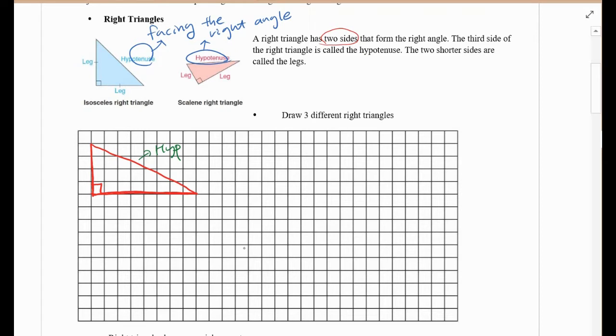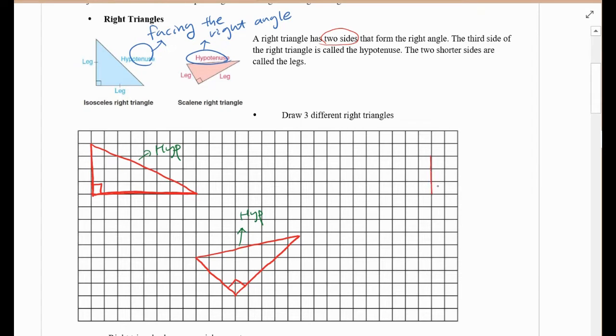And draw another triangle. Like this. This is the right angle, and here is the hypotenuse.